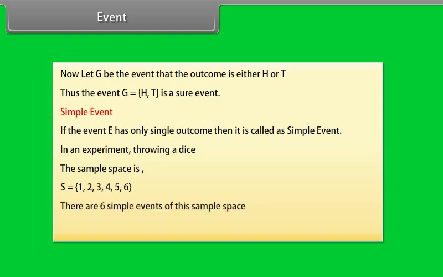There are 6 simple events of this sample space. E1 is equal to {1}. E2 is equal to {2}. E3 is equal to {3}. E4 is equal to {4}. E5 is equal to {5}. And E6 is equal to {6}.